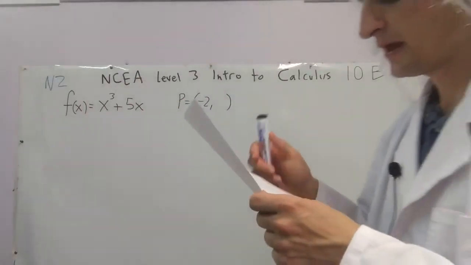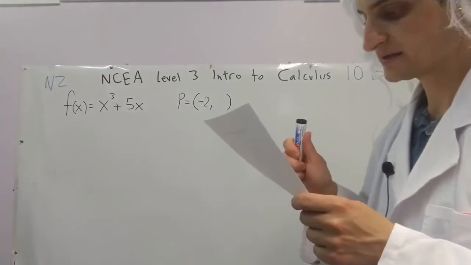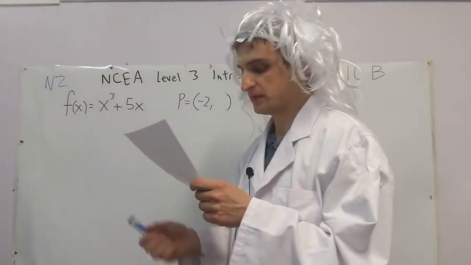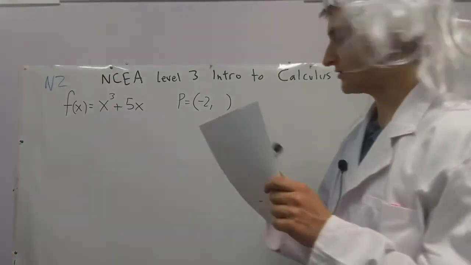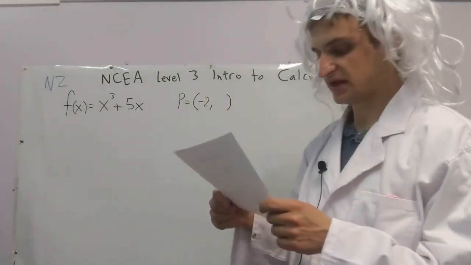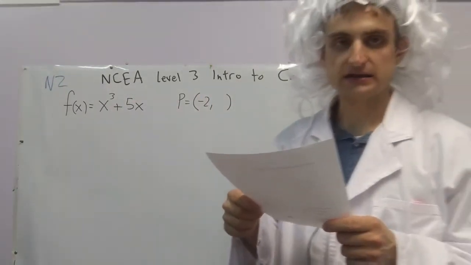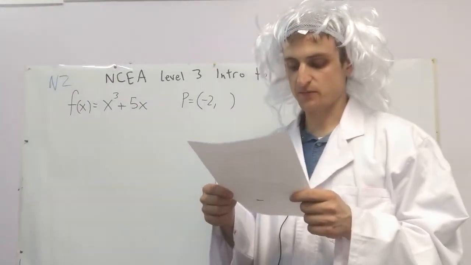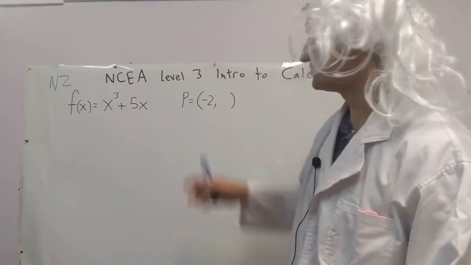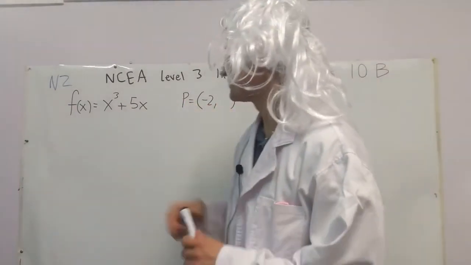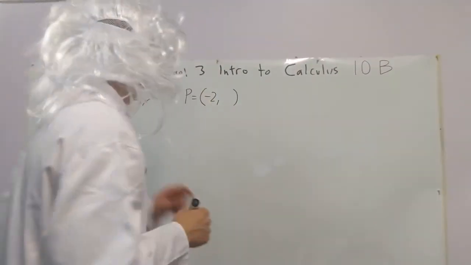Question 6. Consider the function f of x equals x cubed plus 5x. Let P be the point on the curve where x equals -2. Calculate the coordinates of the point P. That means we take this -2 and plug it in for x.